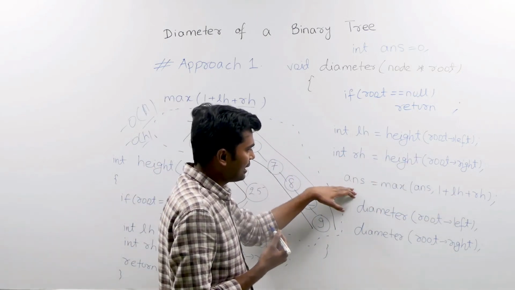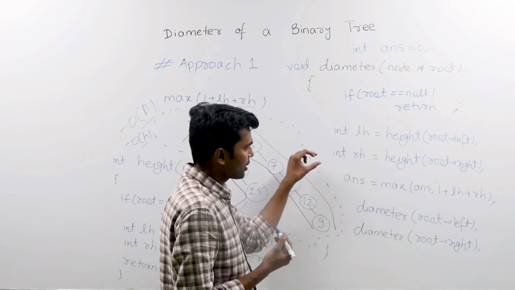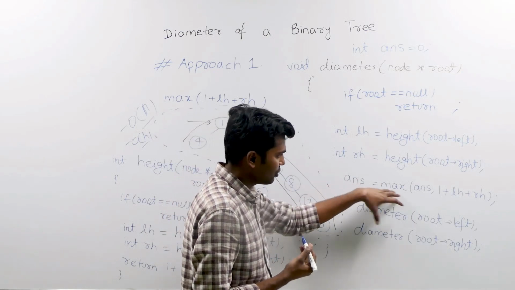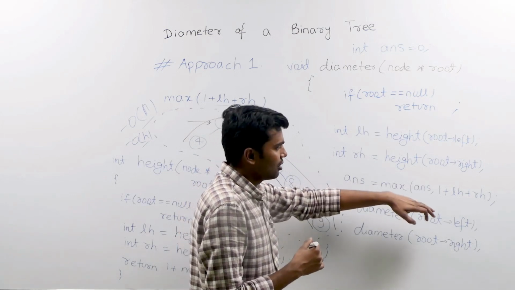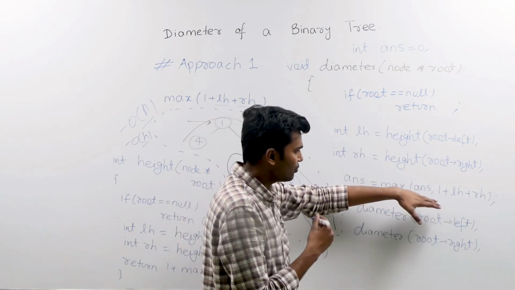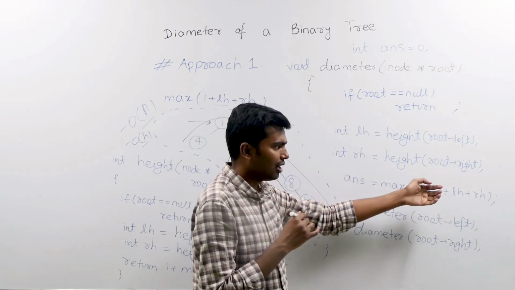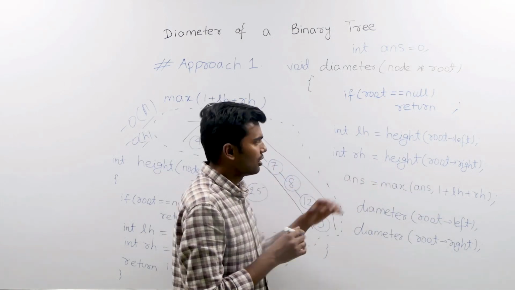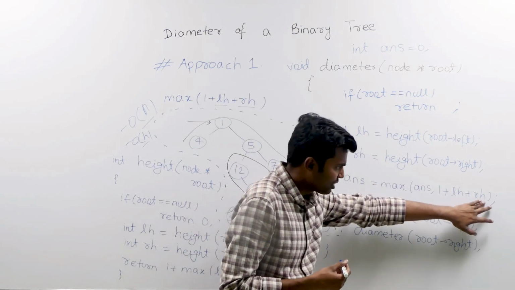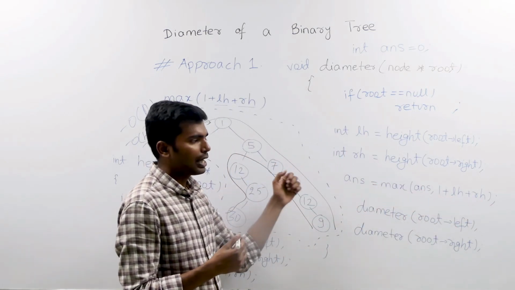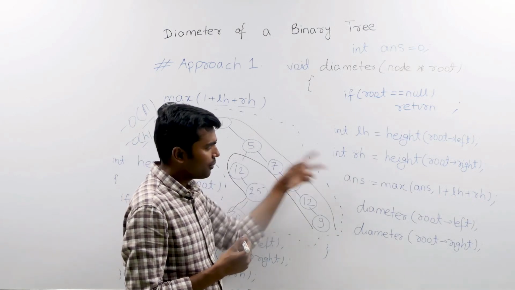So I am updating my answer variable here: answer equals max of the answer till now and the expression for the node on which we are currently. If the diameter is passing through that node, then the value of this expression will be maximum for that node. So I'm updating the answer here.